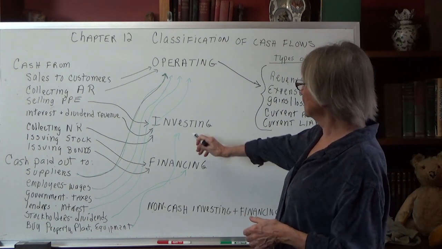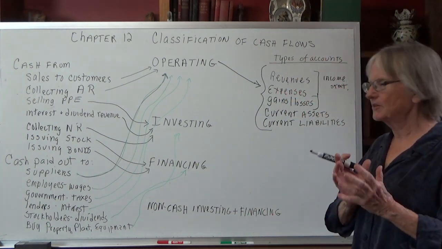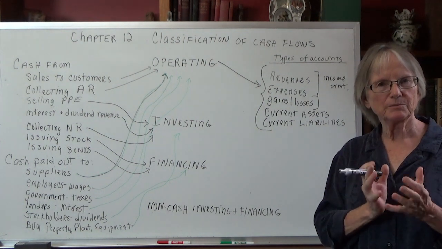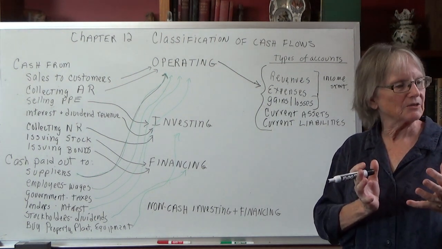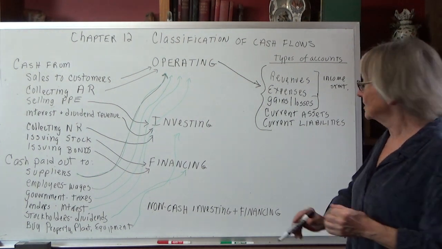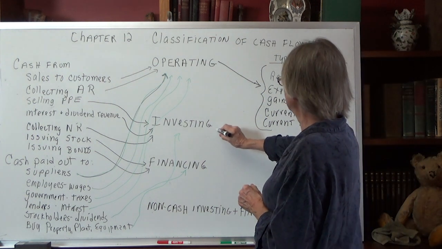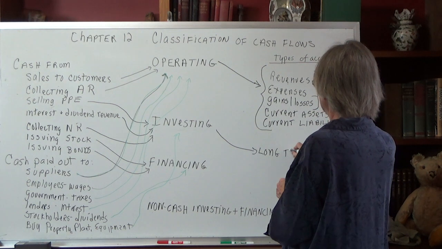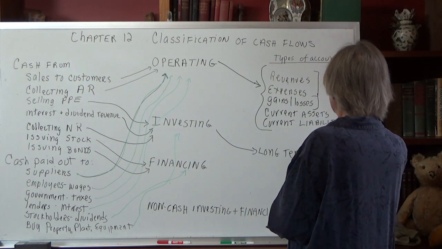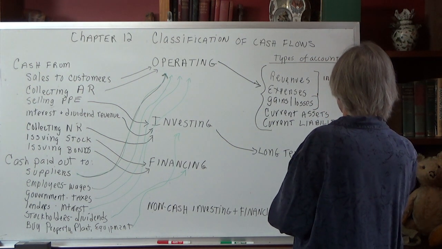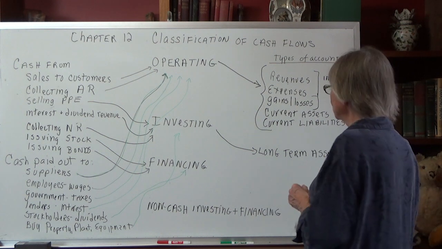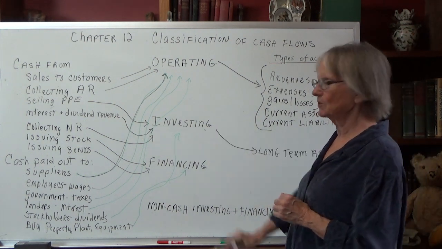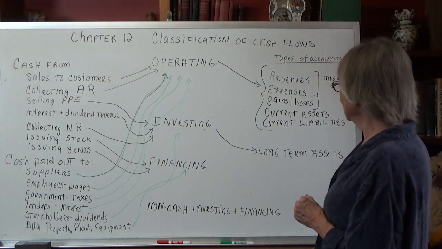All of these activities are investing activities. And the type of account that involves the investing activities are really going to be your long-term assets. So if you see something that's a long-term asset, you know that relates to investing activities.